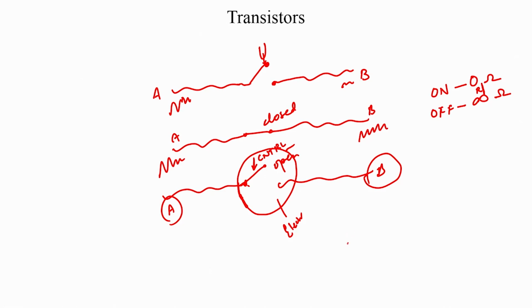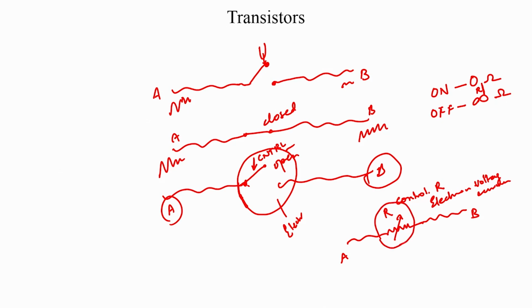So what we are talking about is now a device that is a variable resistor that sits between A and B, and we would like to control the resistance of this resistor electronically, maybe by applying a small voltage or a small current, etc. And that is the idea of a transistor. So this device that we are talking about is the transistor.